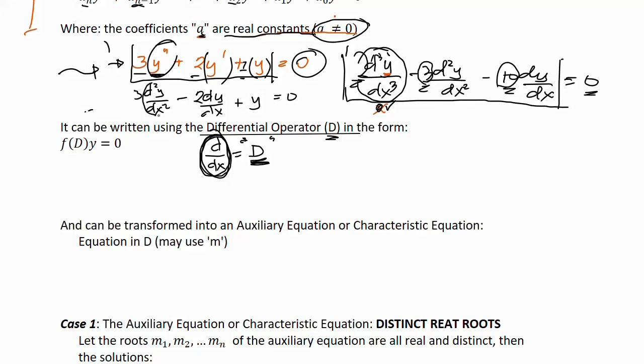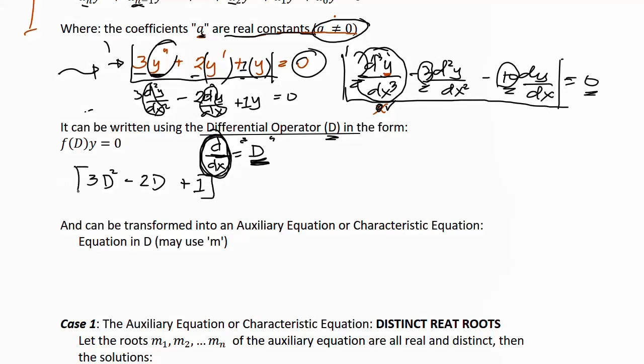So this one here, we have 3D, but it is raised to 2 because it is the second derivative. So we transform this one into this one, minus 2D, plus, since we only have y here, let's write only the coefficient plus 1.